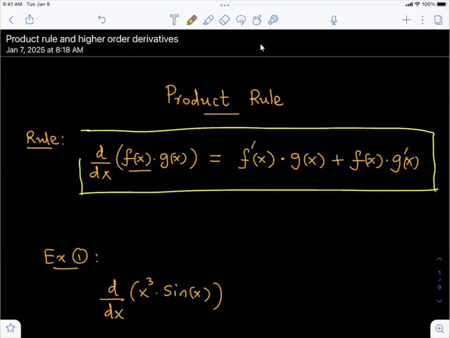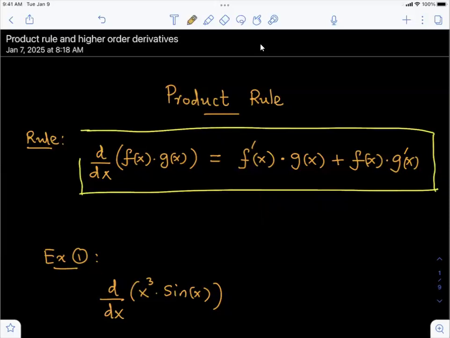We first grab the first function, we take the derivative, combine it with the second function, the original version, together with the multiplication, and then you put a plus sign, and then you leave the original first function and the derivative of the second. So it is simply called f prime g plus f g prime. It's that simple. In that way, you can just recall it like a portable version of this result.